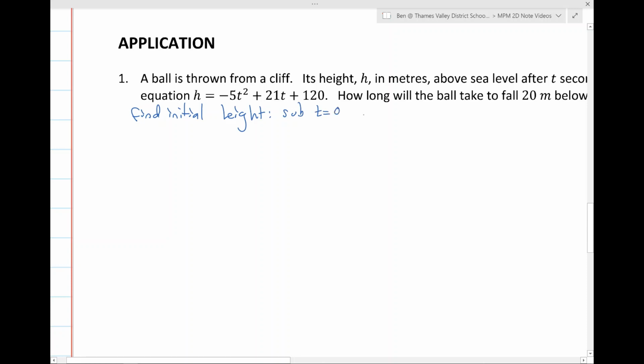Or if you are familiar with your standard form, you can take a look at this and say standard form tells us the initial value right off the start. That's the c value. So our initial height equals 120. Our units are meters.